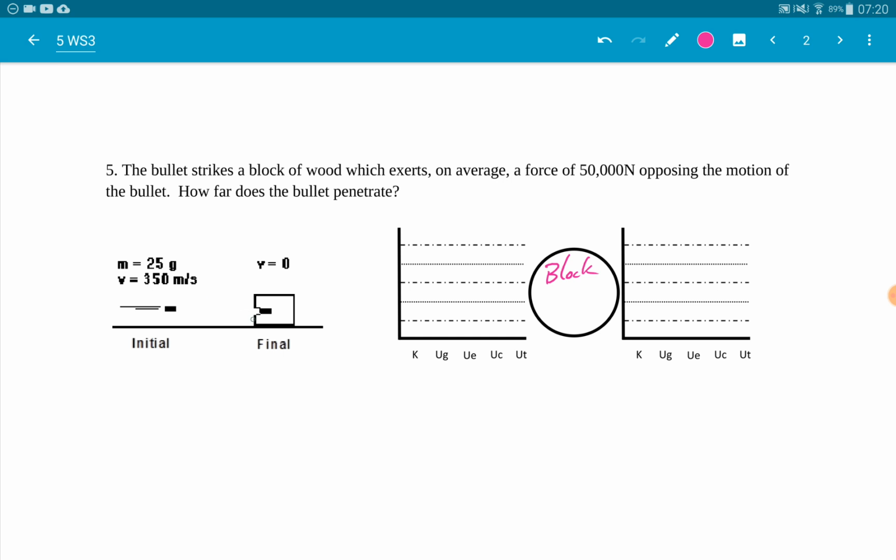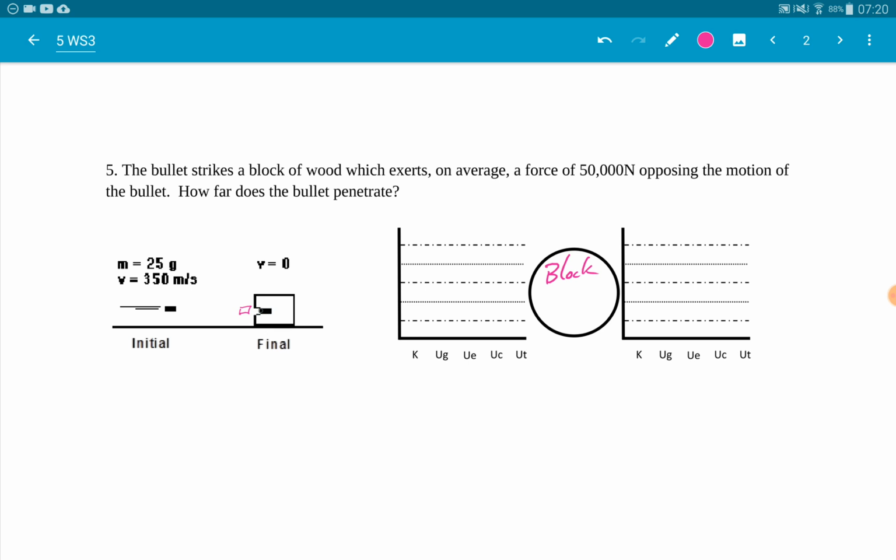I see that the height isn't changing here, or at least it's not dropping an appreciable amount between the instant before it goes in and the instant after it comes to a stop. The picture's a little bit misleading, because if I fired it way over here, I would agree it would drop some amount and then go in. But we're just looking at the velocity just before it hits the block and the velocity after it stopped inside the block.